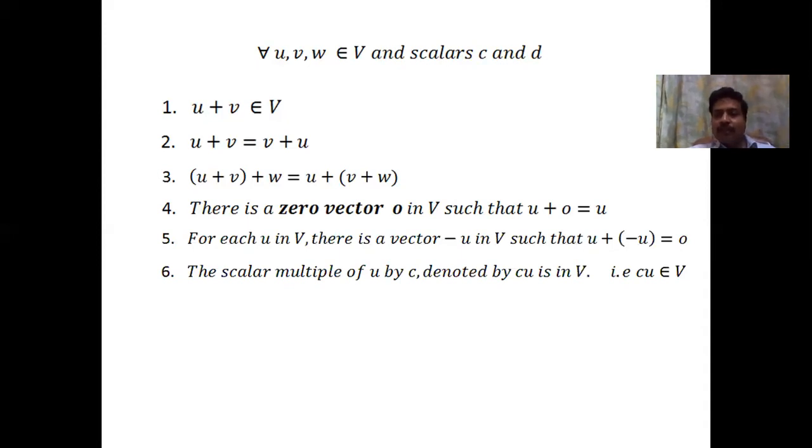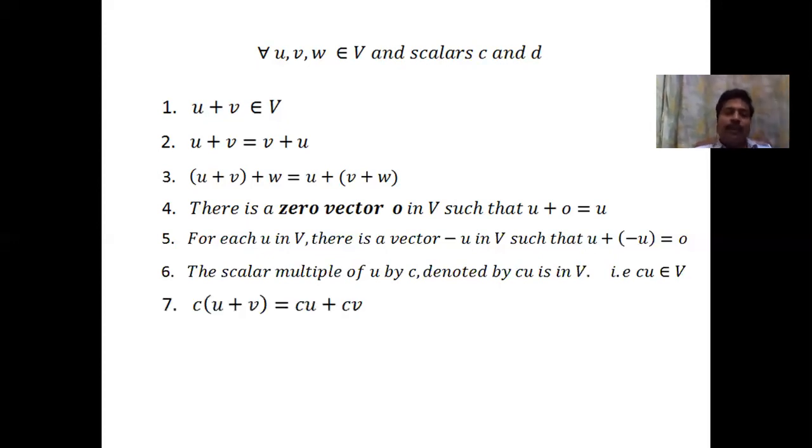In fact, objects are called vectors in a vector space. So a vector need not be a physical vector. It may be a pen, pencil, chemical, signal, or anything. There is an object in a vector space, and we call it a vector.